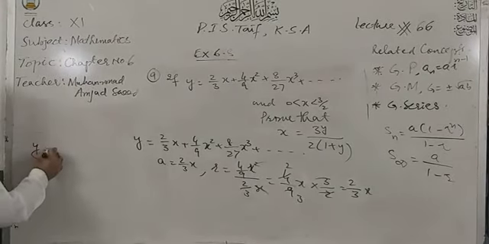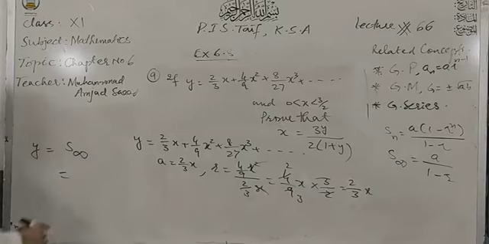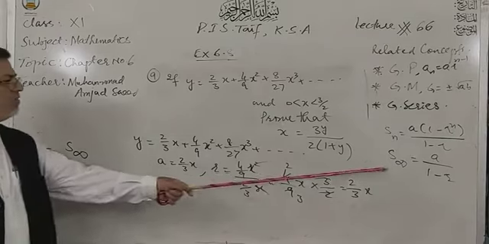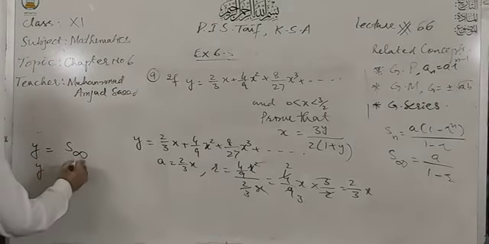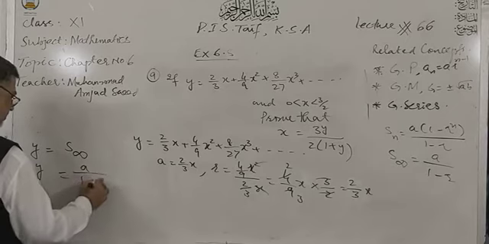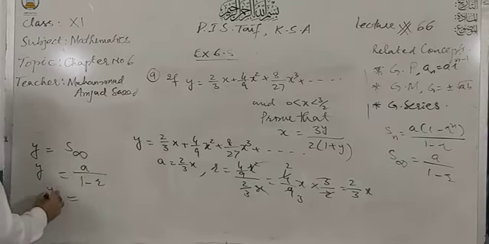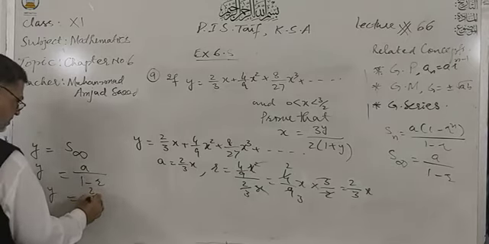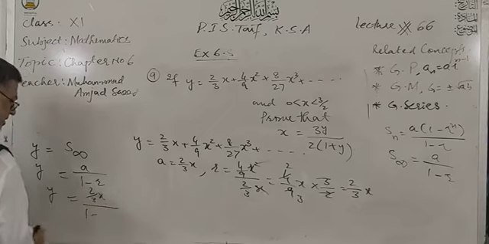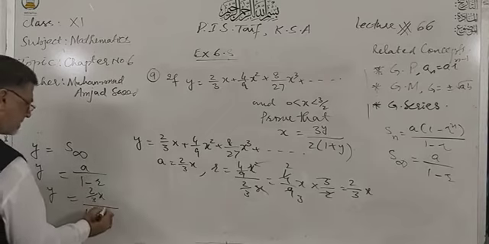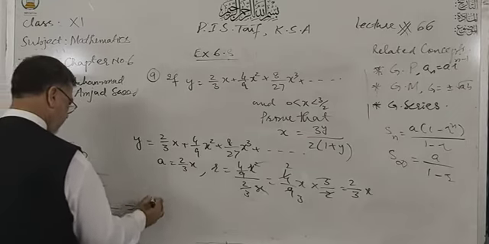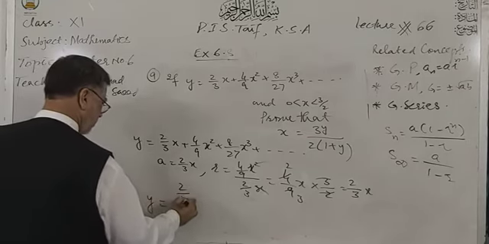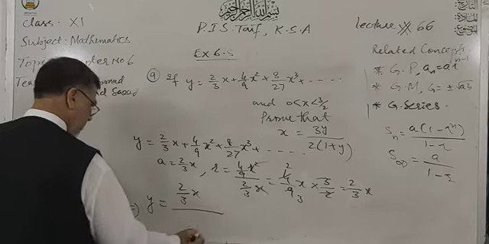Now y is equal to s infinity. Remember that on the right hand side you will apply the formula of sum of infinite terms of a geometric series. So s infinity is a over 1 minus r. So a is 2 over 3x over 1 minus 2 by 3x.